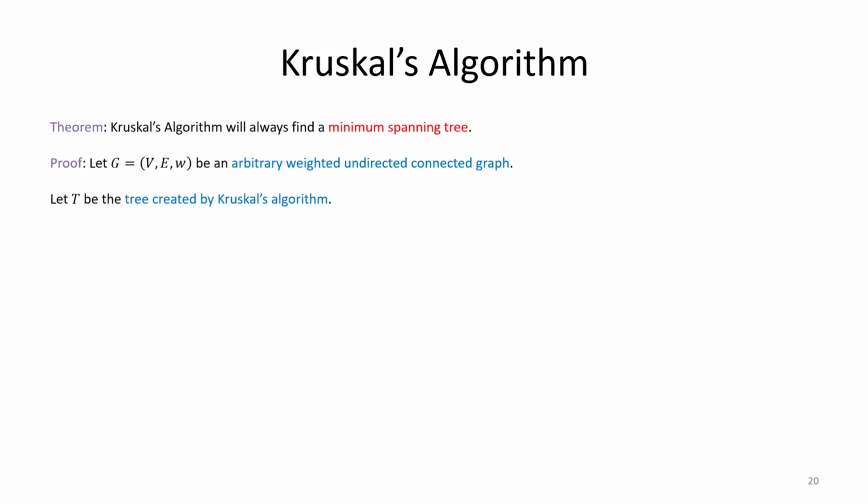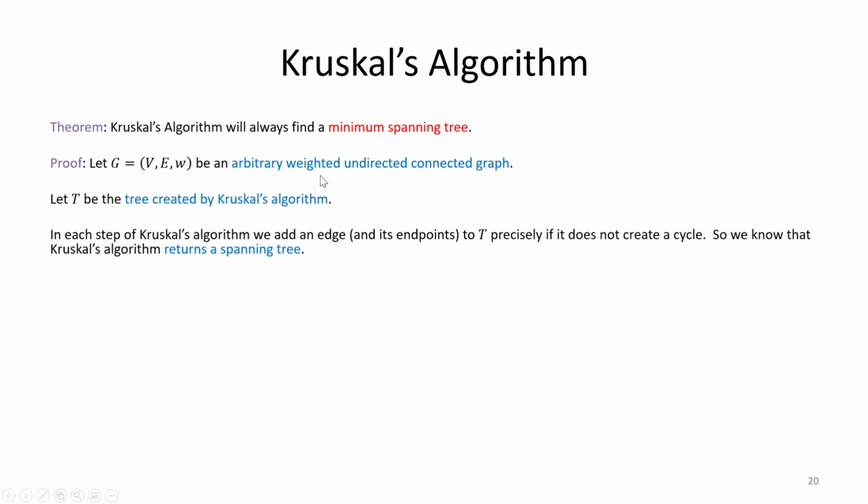Now, we are also going to let T be the tree that we want to talk about, the tree returned by our algorithm, Kruskal's algorithm. And we want to argue that this tree is both valid and optimal, meaning valid, meaning that it is a spanning tree. It doesn't contain extra edges, it's not disconnected, things like that. But then optimal meaning that it's the minimum spanning tree. So we can split this in two, the validity part and the optimality part.